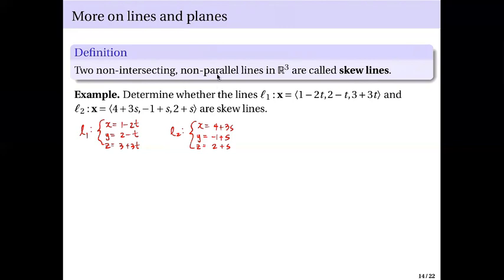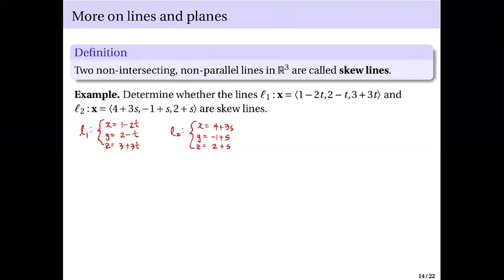For parallelism, it is easy because you have these parametric equations, and you just look at the coefficients of your parameter t. Those are the components of the vector to which your L1 is parallel.